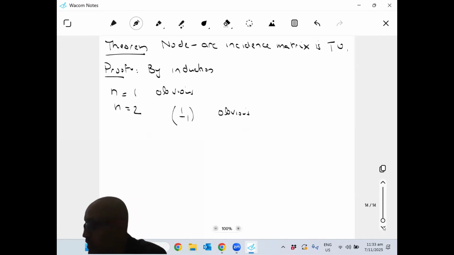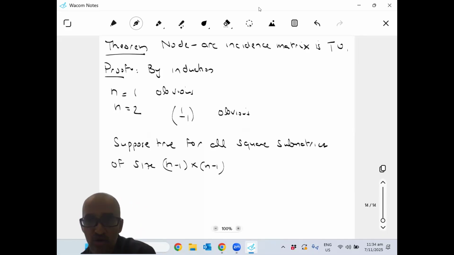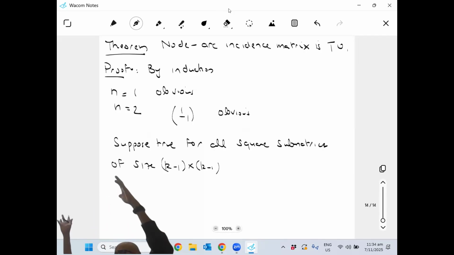Now let's consider, suppose it is true for all square submatrices of size n-1 by n-1.